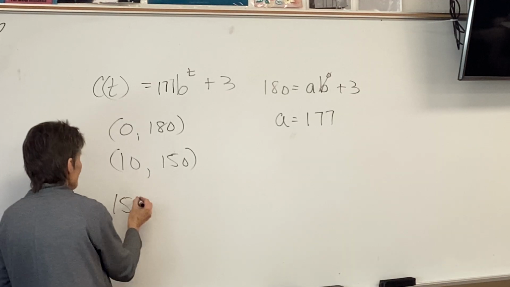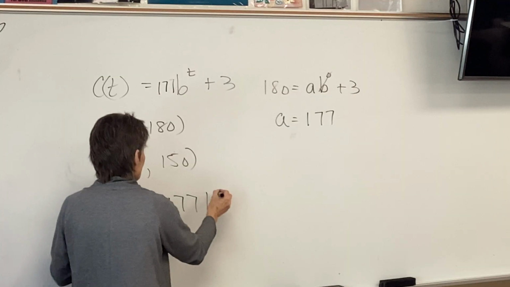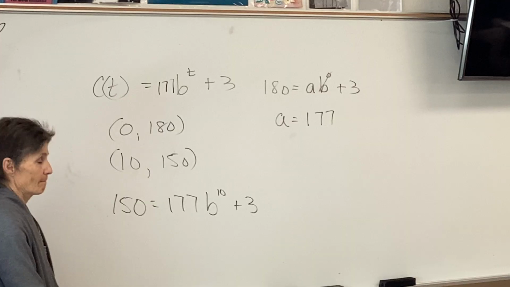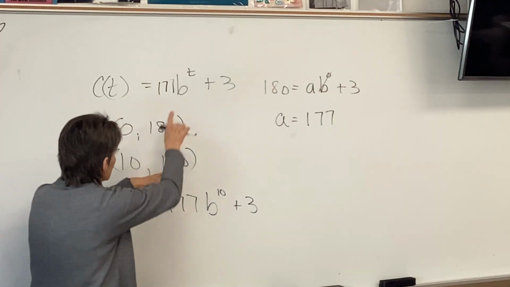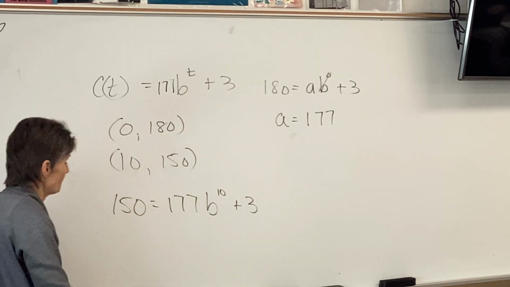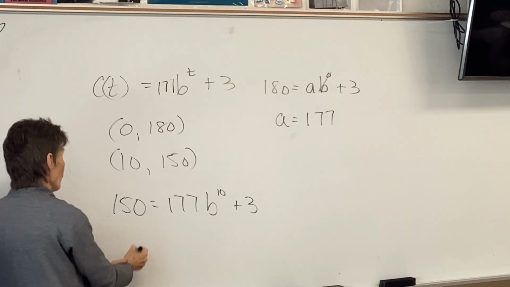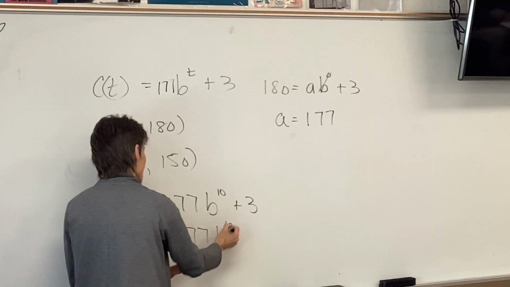So 150 equals 177 b to the 10th plus 3. I put in this point, so the t is 10, and c of t is 150. So 147 equals 177 b to the 10th.